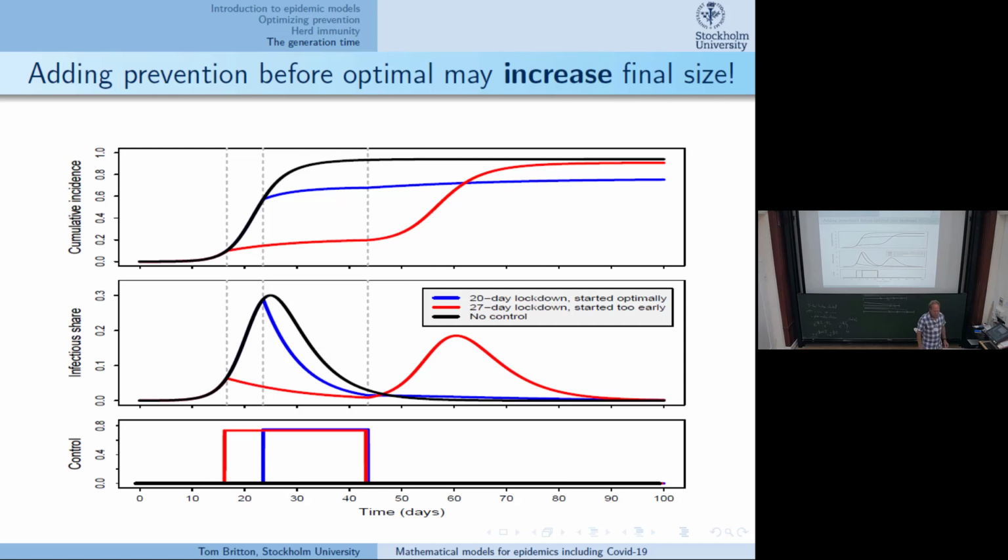But did you check what happens if you decide to minimize the averaging time or the number of infected individuals instead of the size of that compartment at the end? I didn't. So let's say that instead of minimizing I at the final time, we want to minimize the averaging time of I. So we want to keep low the average number of infected individuals over a certain time window.